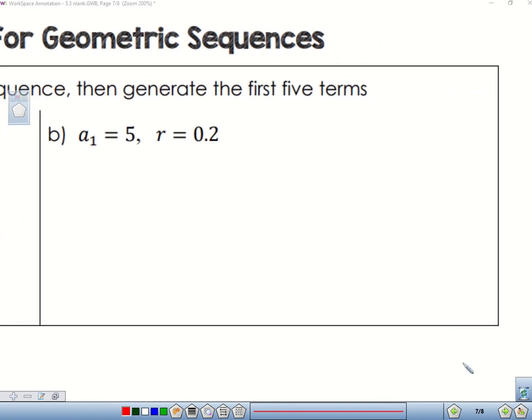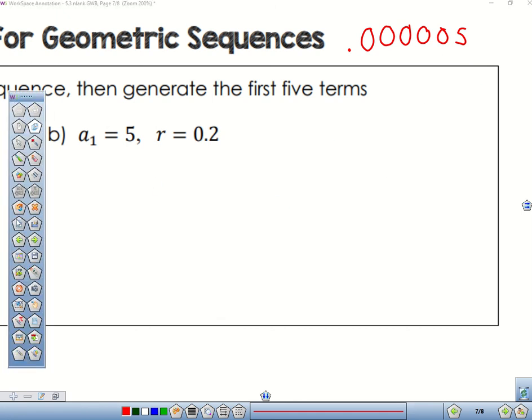Now we're going to look at this one. In my opinion, I think it's easier to work with fractions than decimals in this case. You can use the decimal if you want, but the problem is when your decimals get really small, they get like 0.00005 or something, and then you've got a ton of zeros to write. So it's sometimes easier to just keep it as a fraction, okay? But you do what you got to do.